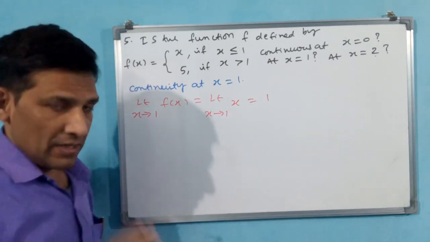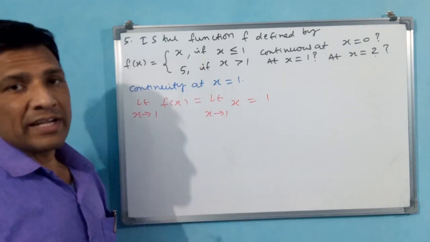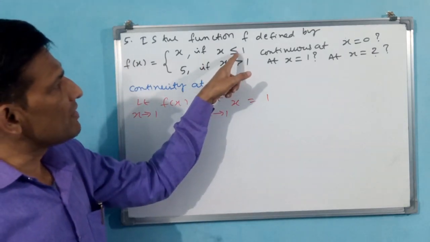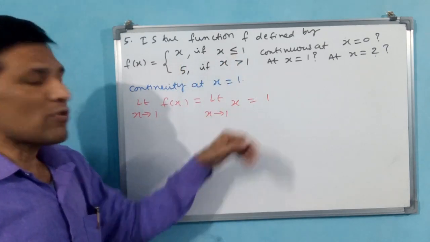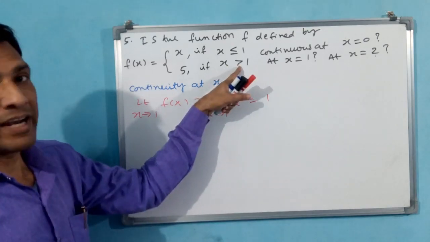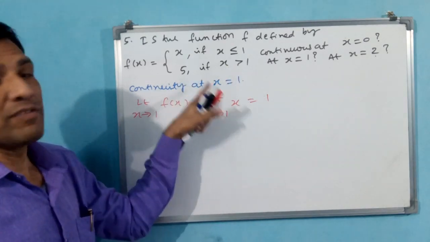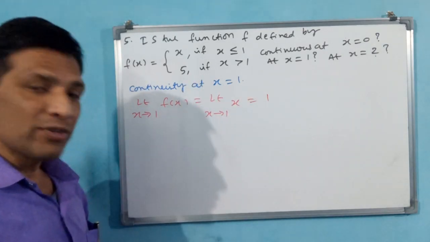Now you stop and analyze. Left hand limit, do you require to take? Why? Because left hand limit means less than 1, and less than 1 also the same is there. The same 1 only will come. There is no use. Then you go for right hand limit. Greater than 1, 1 plus 5 is there. That means here, rather than 1, 5 will come. Then discontinuous, so you can write.